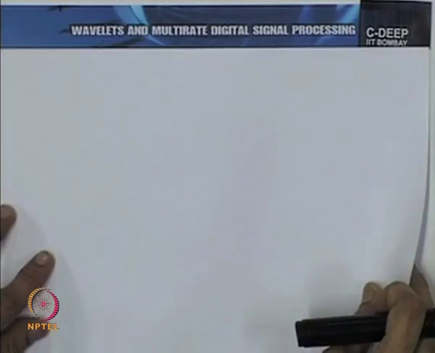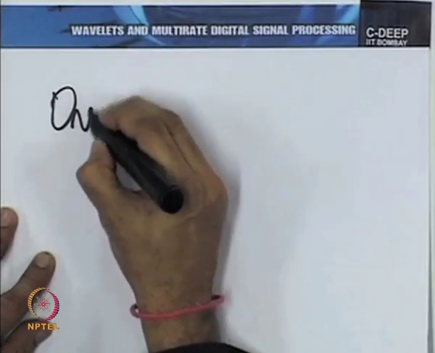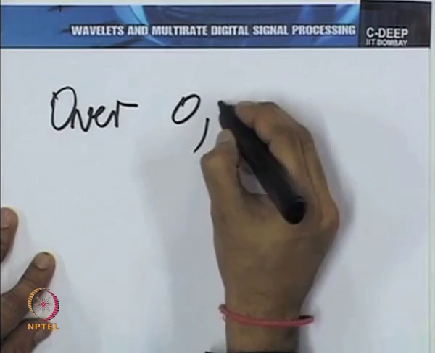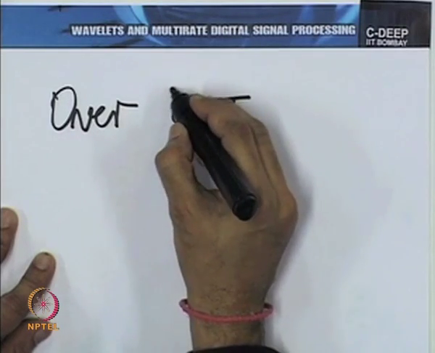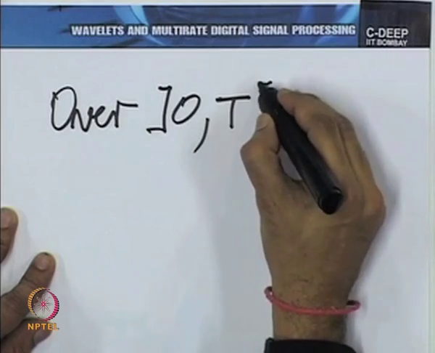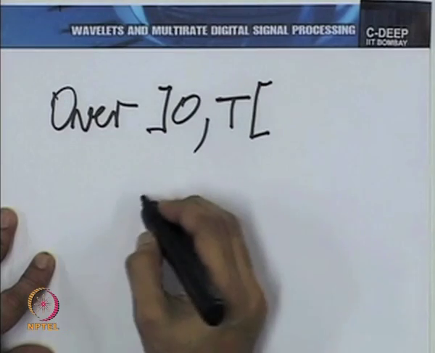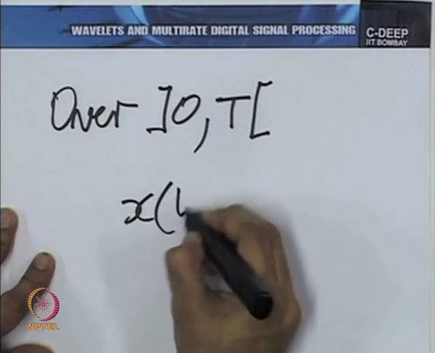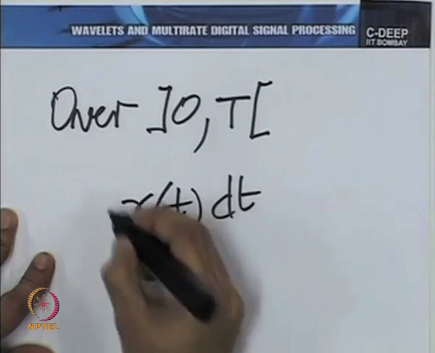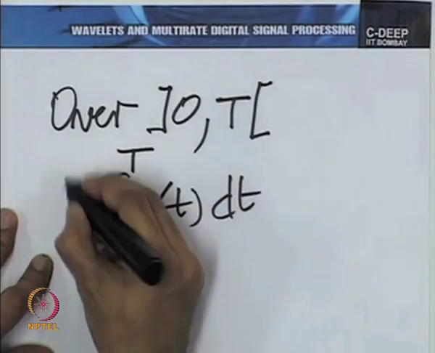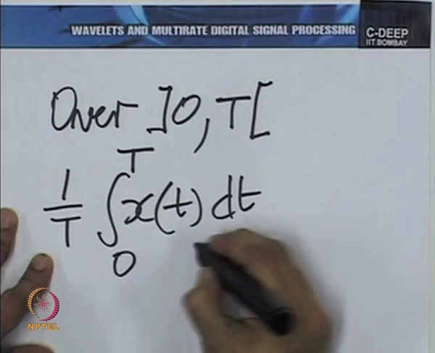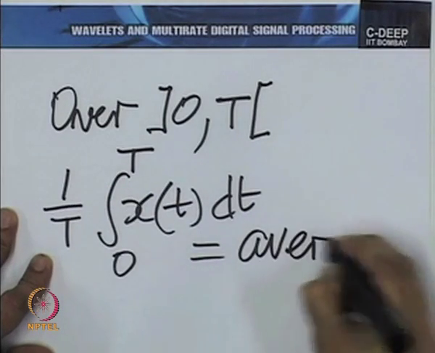Over the interval from say 0 to t, now strictly it is the open interval between 0 and t, the representation would be integrate x of t dt from 0 to t and divide by t, the average.